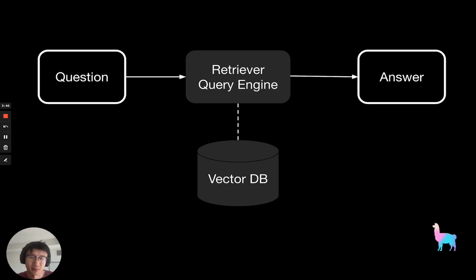Then, given those retrieved documents, you feed them into a synthesis model, which uses the language model to generate a response given the context that's injected into the prompt. This is the basic stack that's emerging for asking questions over your unstructured data.